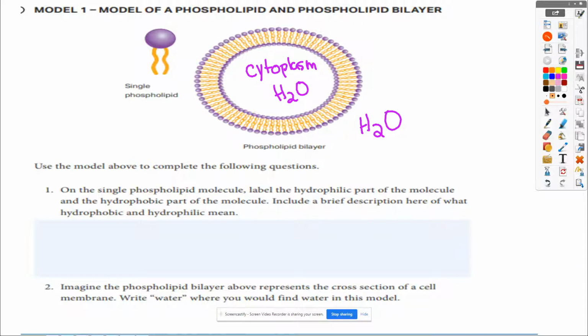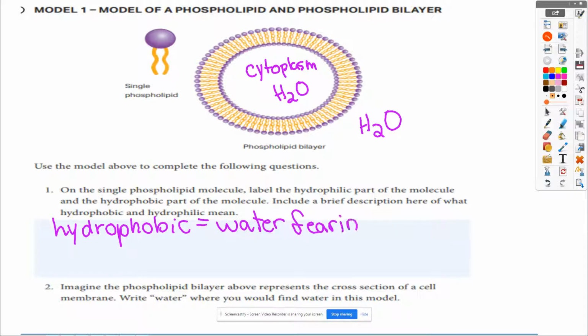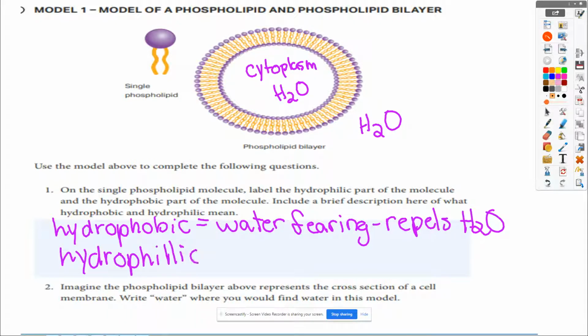To do that, let's make sure we understand what the words mean. Hydrophobic means water-fearing, so it repels water. And hydrophilic means it's water-loving, or that it is attracted to water.